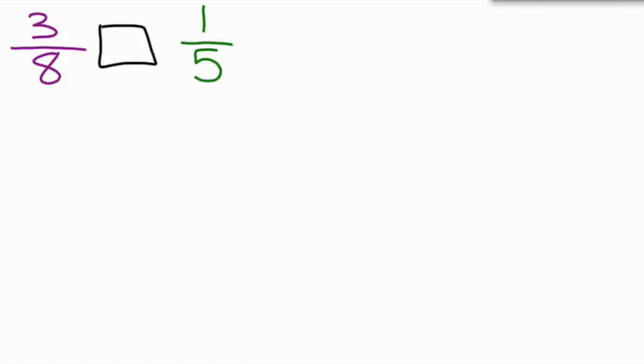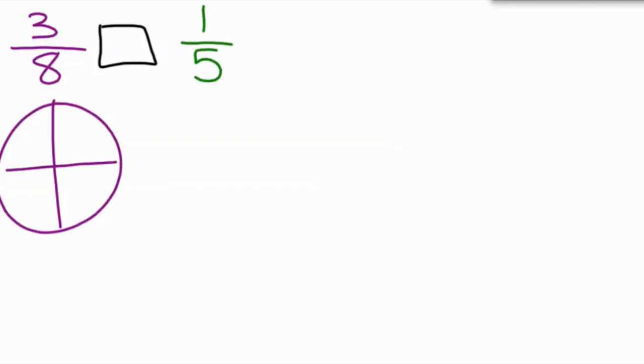But what happens when your fractions have different denominators? Sometimes, when our fractions have different denominators, it becomes difficult for us to compare the fractions and quickly tell which one is greater or less than another fraction. Let's compare 3/8 to 1/5. One of the most basic methods of comparing fractions is to do so visually.